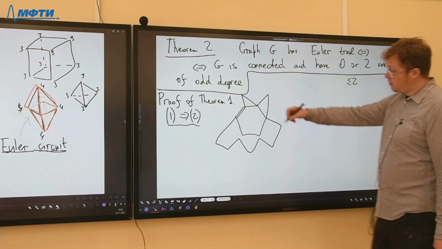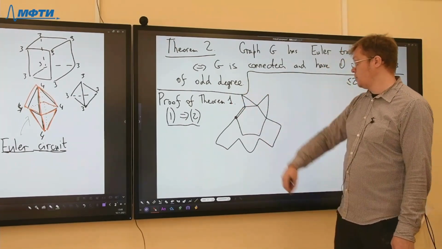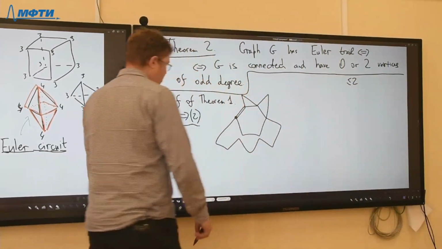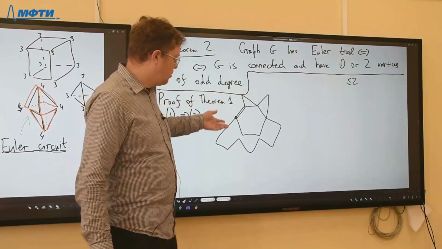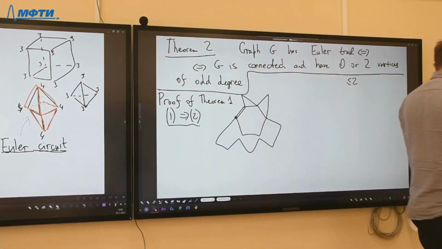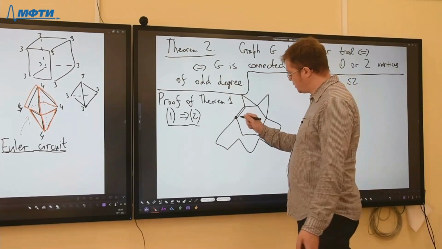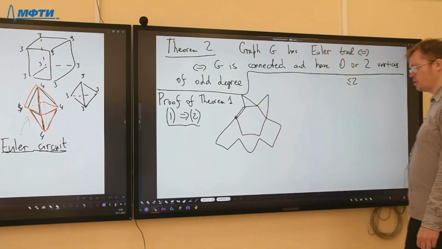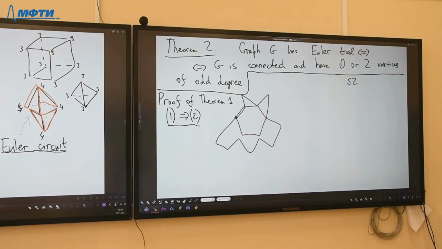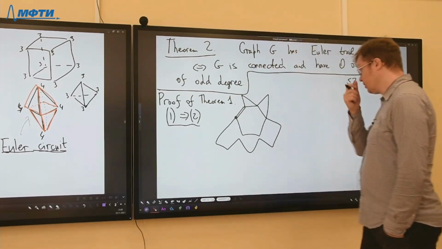But if we calculate the edges that are neighboring to a fixed vertex, then we can see that in this trail we enter and go out of this vertex the same number of times. So if we go in, then we go out from the vertex. So we meet this vertex an even number of times, so we calculate an even number of edges which are near to this vertex, which means that all vertices are of even degree.